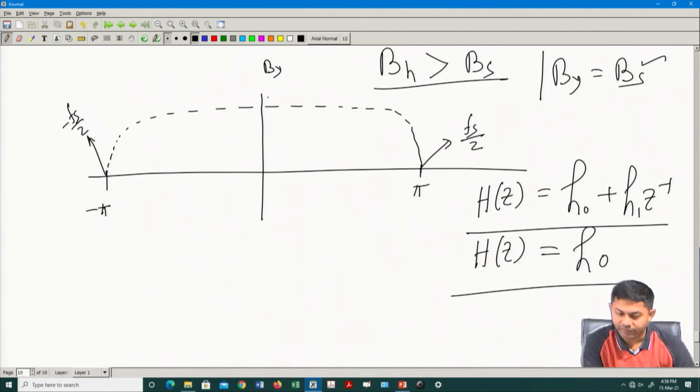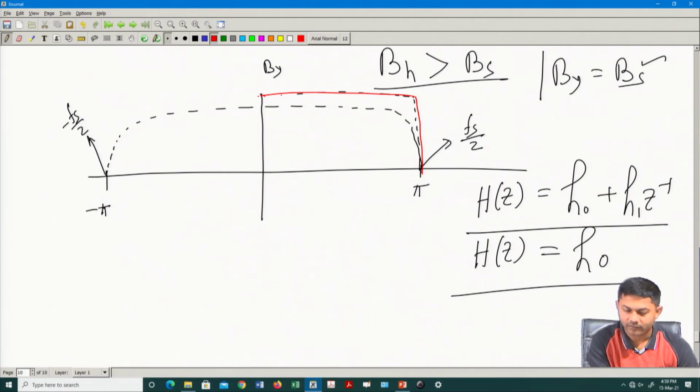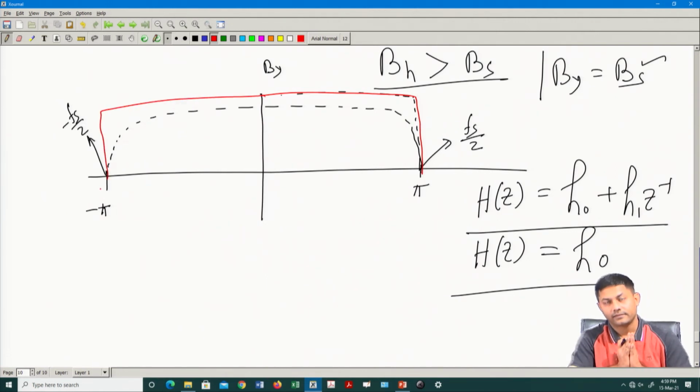That means either the filter is like this, the original channel filter, then only it can happen, right? Then it passes everything because it exactly fits. Okay, this is the worst case scenario, nothing more than that.